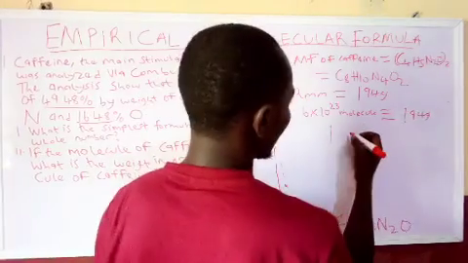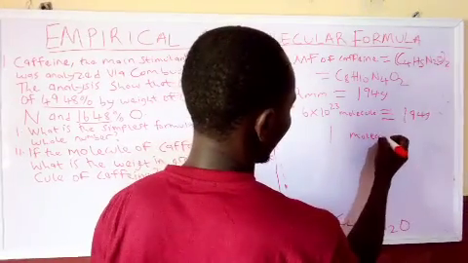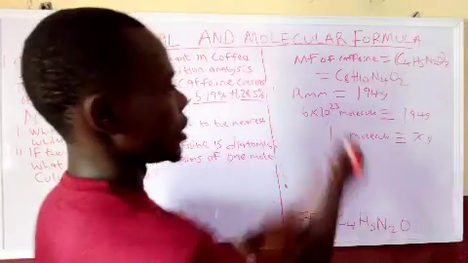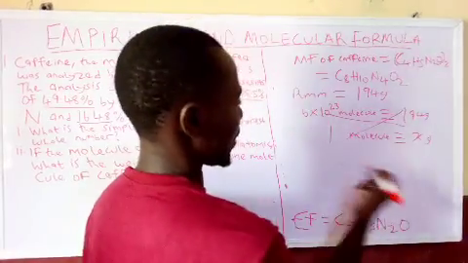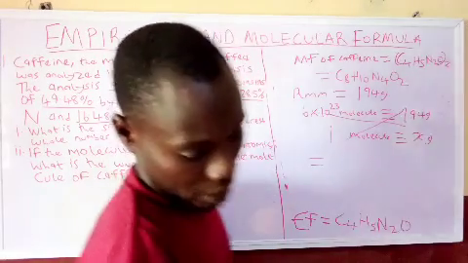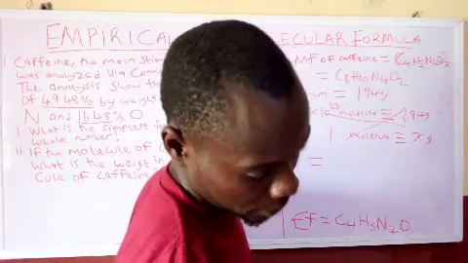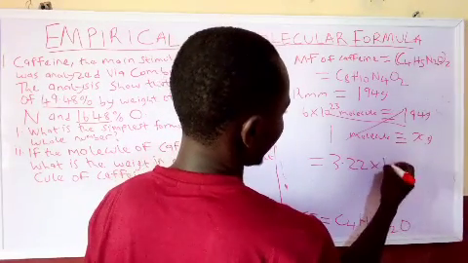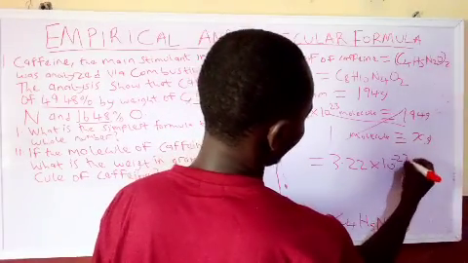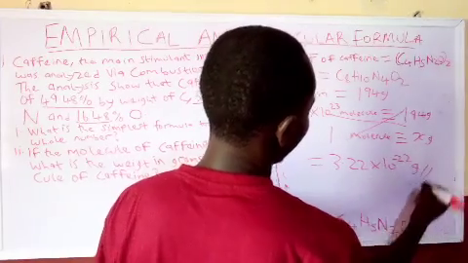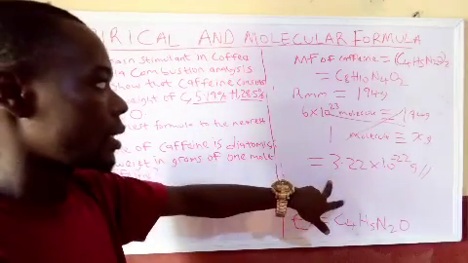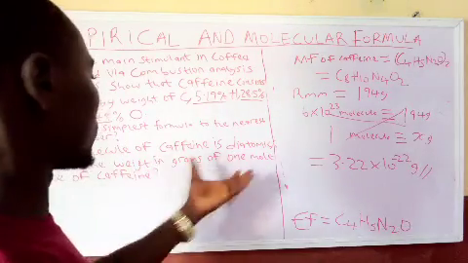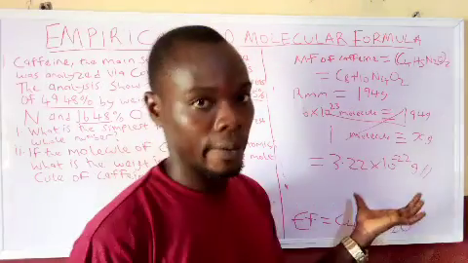One molecule is equivalent to X gram. Are you getting it? The same way we have been doing, you cross multiply. When you cross multiply, what you get is 3.22 times 10 raised to power minus 22 gram. So this is what will be the weight in grams of one molecule of caffeine.